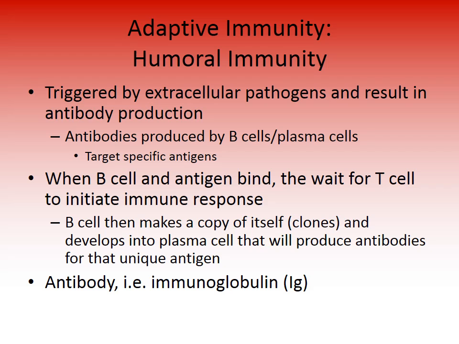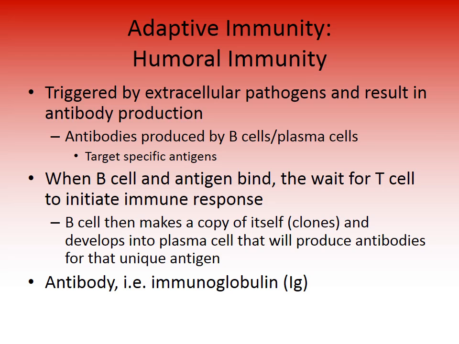The antibodies are produced by the B cells and the plasma cells, and they target a specific antigen. When the B cells and the antigen bind, they wait for the T cell to initiate the immune response. B cells then make a copy of themselves. Remember, it's that cloning process. And they develop into a plasma cell that will produce antibodies for that unique antigen.